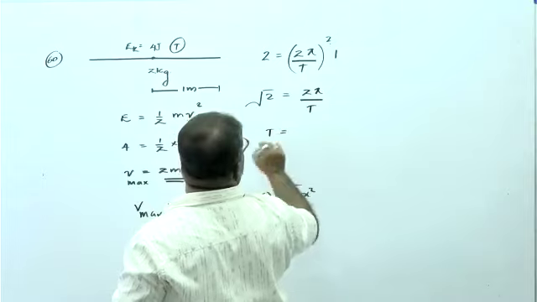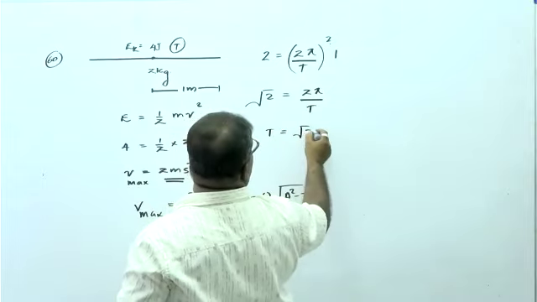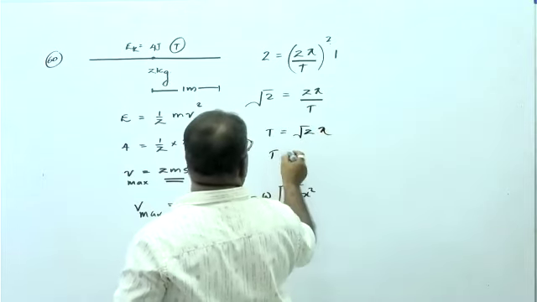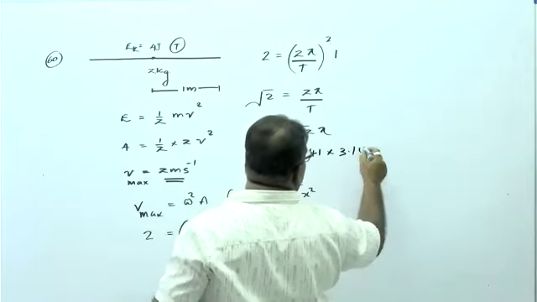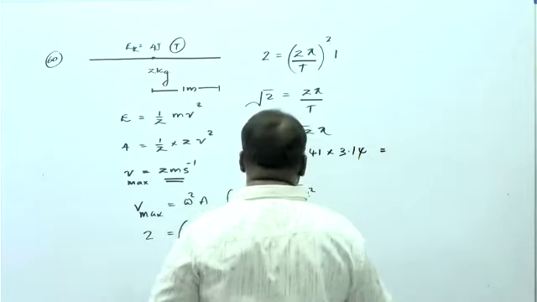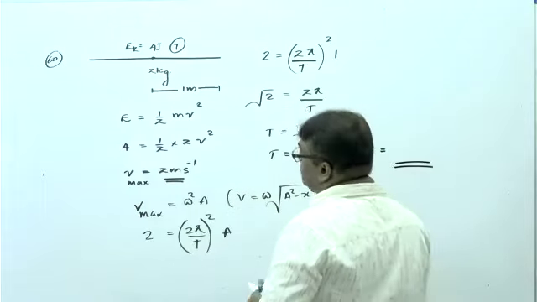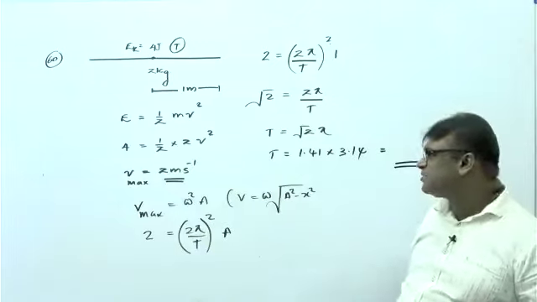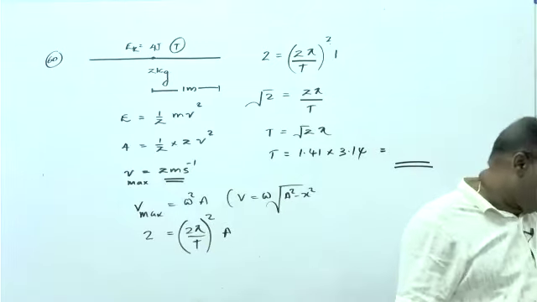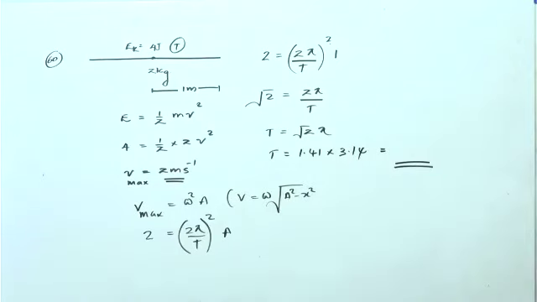Then T becomes 2 pi over root 2, which is 1.41 into 3.14. Right, pick the correct answer. Simple thing, right? We can do this one like an MCQ question. Okay, let's see number 61. If you complete this one, start 61.